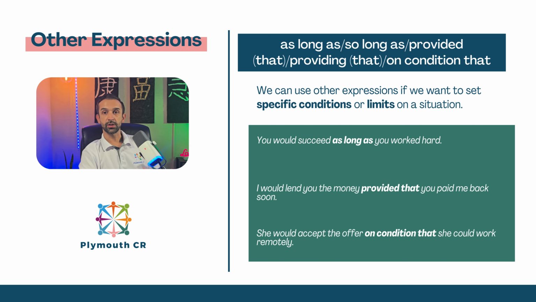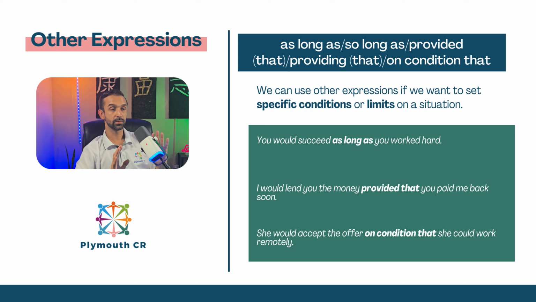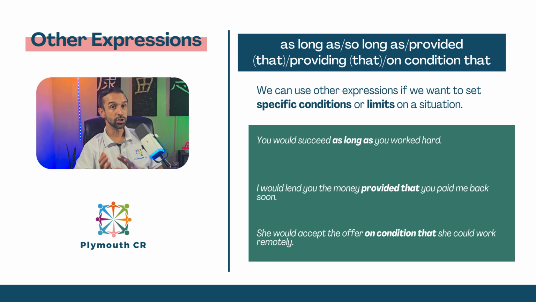In here, we have other expressions that can replace the if, okay? They are still following the structure or the rules in terms of using the would and the subject and the verb in the base form, and then the conditional clause in the simple past.